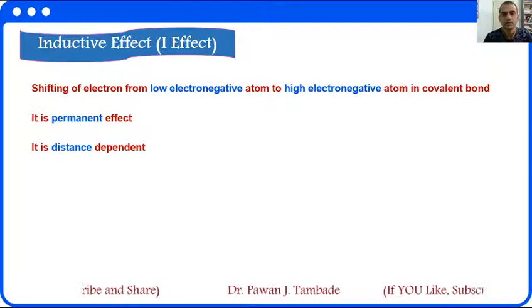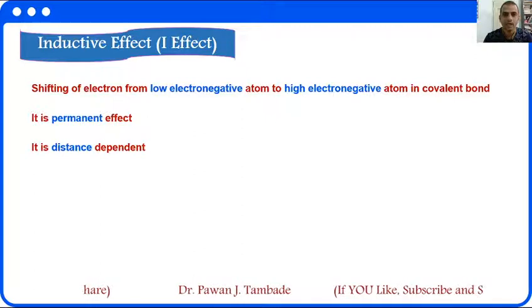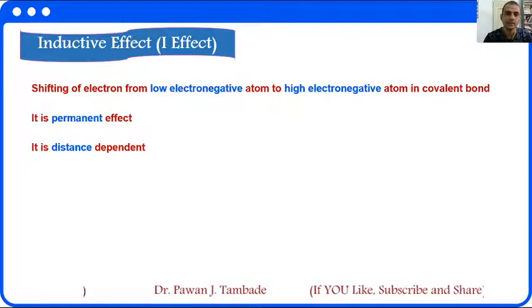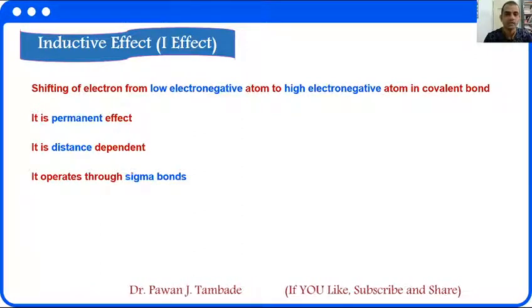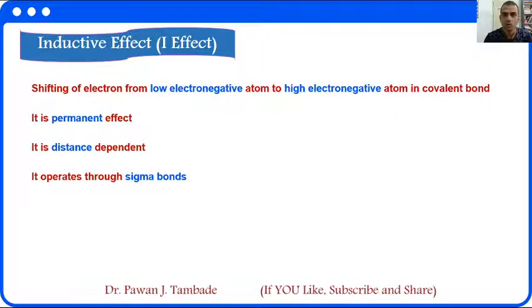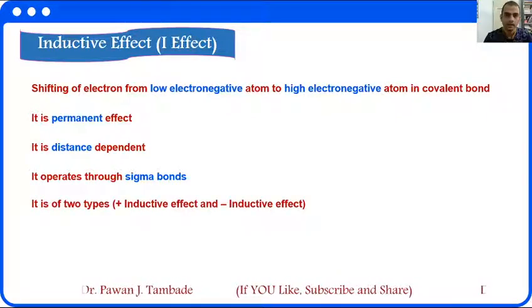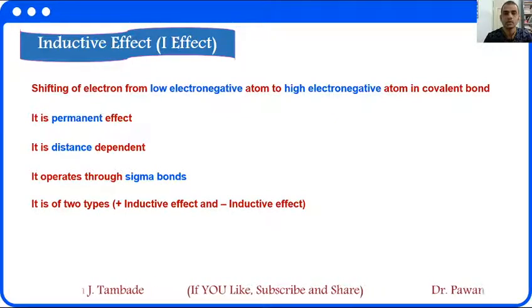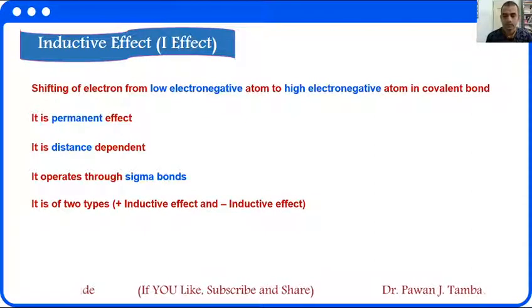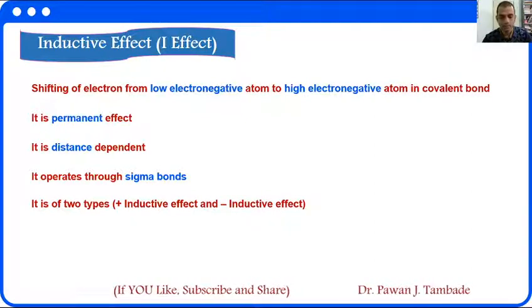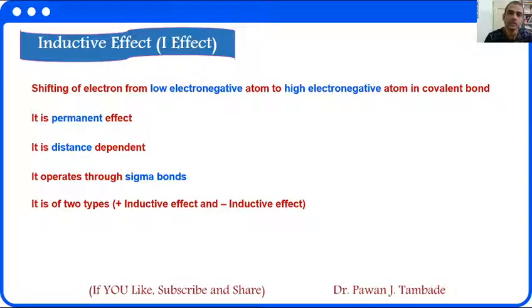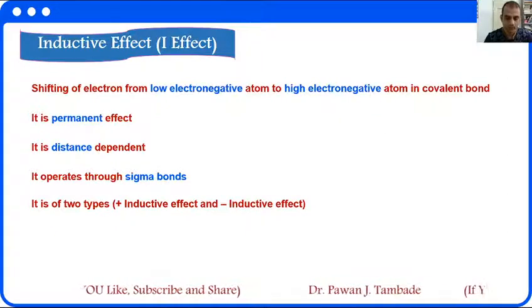As the distance between the more electronegative atom and a carbon site increases, the effect goes on decreasing. It operates through sigma bonds only, and this inductive effect is of two different types: positive inductive effect and negative inductive effect. Now we will see certain examples of negative and positive inductive effect.